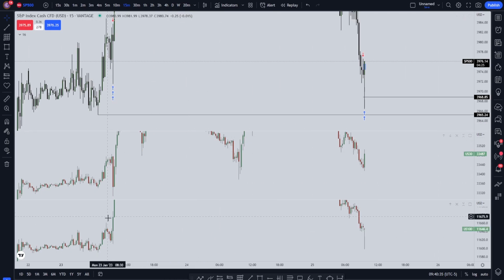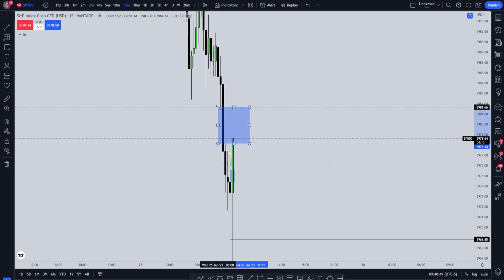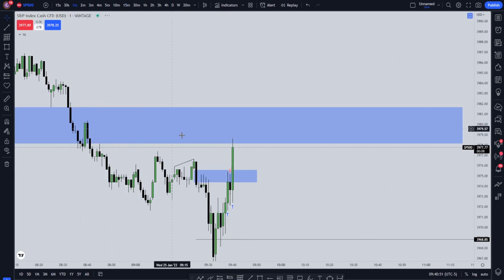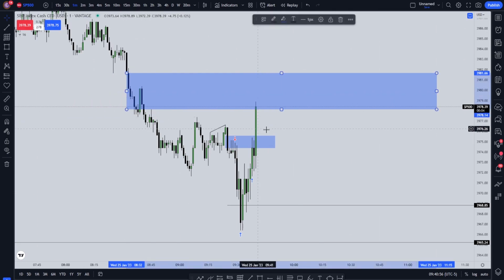And then if we look over here, the Nasdaq did not take out the low as well. So looks like the S&P is just gonna go for that 15-minute fair value gap I marked out, and we could potentially take a trade from this area.